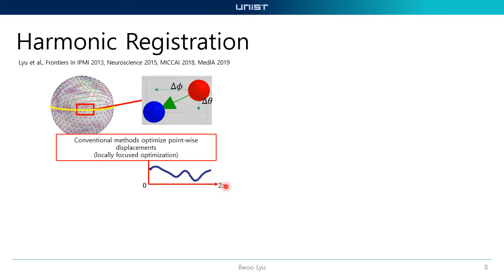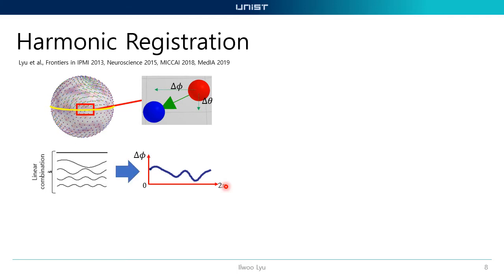So how about we think about this process in the frequency domain? If you are familiar with the Fourier transform, then we can apply that idea to find a displacement across all the equator. So instead of optimizing the localized displacement, what if we find a coefficient for each basis function in the frequency domain? Then we can get the result.